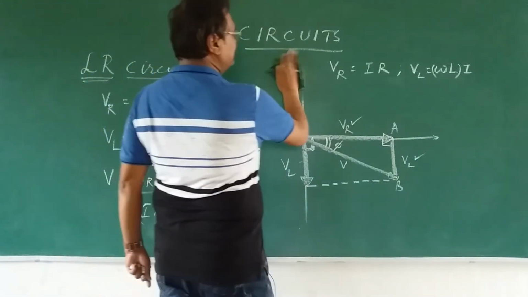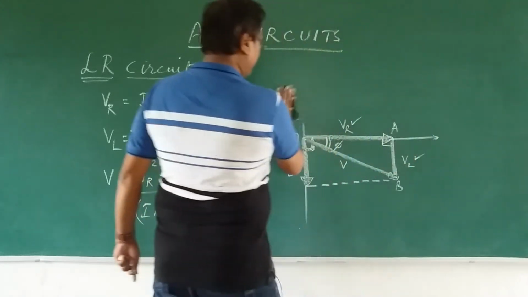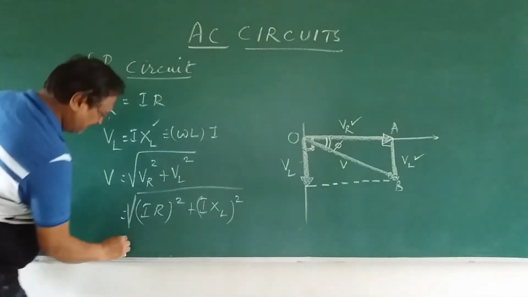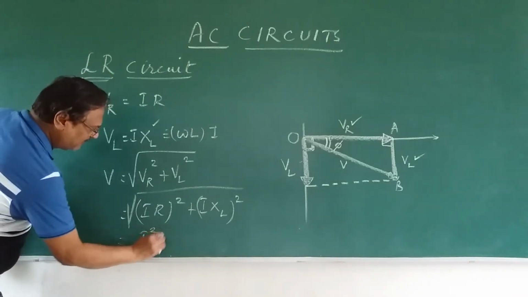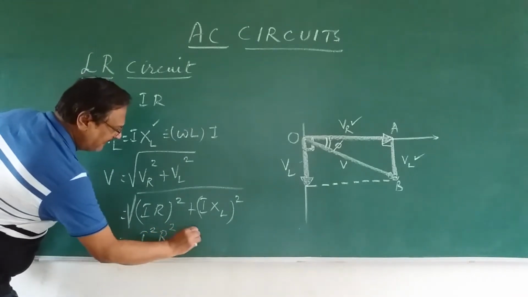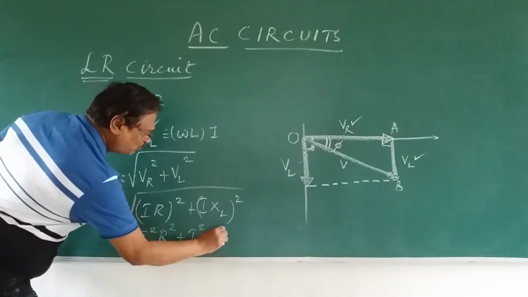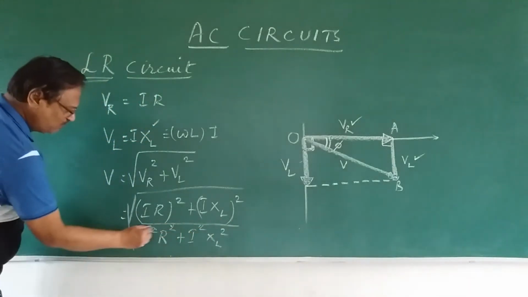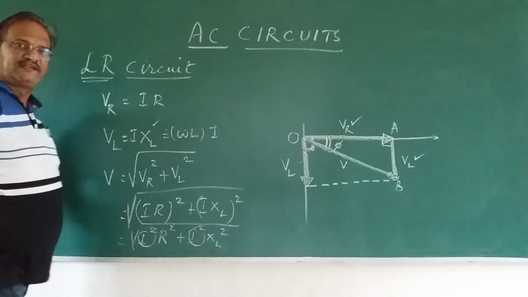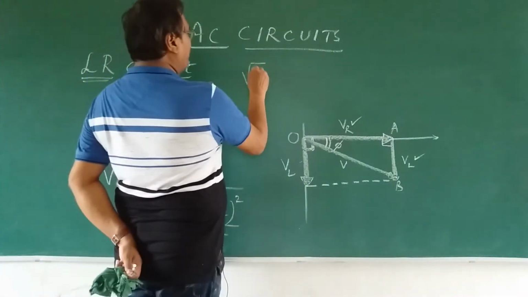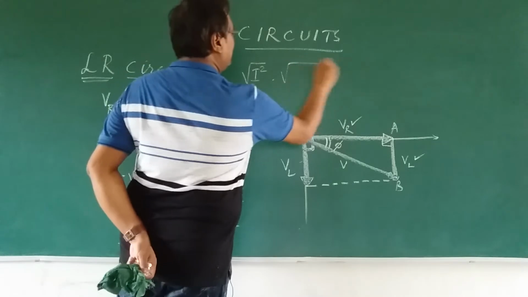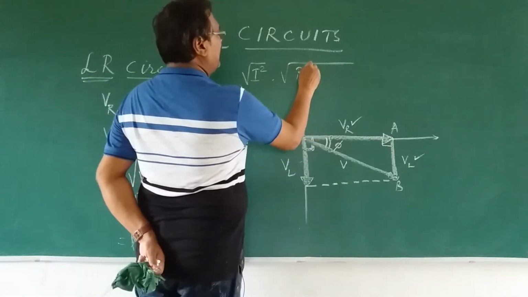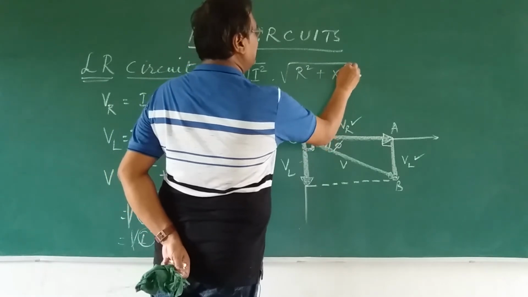Let me erase this part. Now let me expand this. That is equal to the root of I square R square plus I square XL square. I square is common, so it is the root of I square multiplied by the root of R square plus XL square.